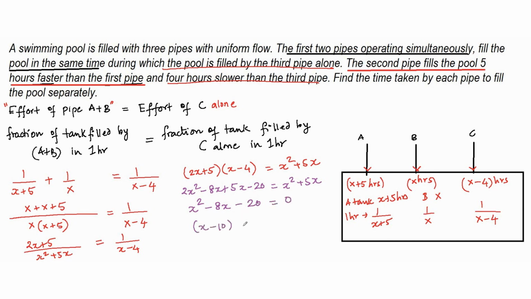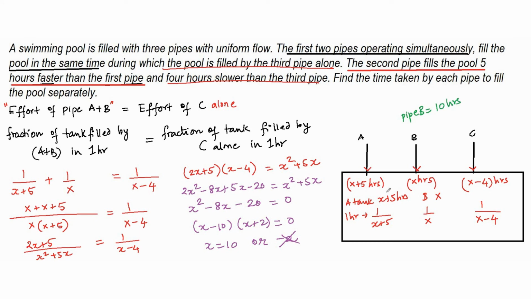Therefore X minus 10 into X plus 2 is equal to 0, which means X is either 10 or X is negative 2, but time cannot be negative, so we reject minus 2 as a solution, and therefore X is equal to 10. So, find the time taken by each pipe to fill the pool separately. Pipe B is taking X hours, that is 10 hours.